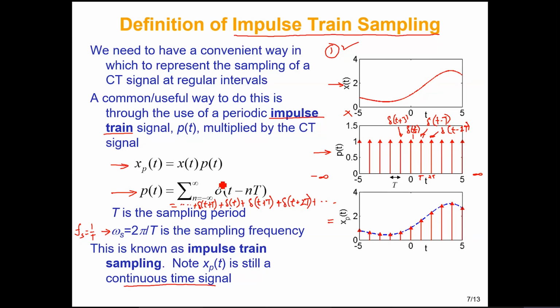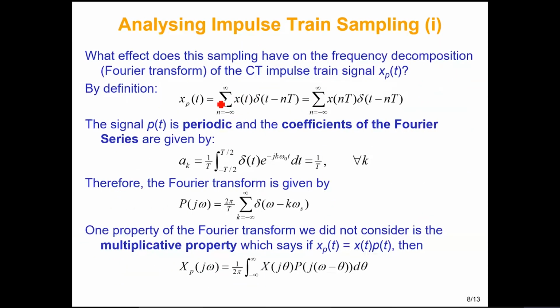If we plug in the value of p(t), p(t) was basically the sum of delta(t minus nT), and we can take x(t) inside the summation. Inside the summation, with the delta, the value of this product will exist only where the delta is 1.